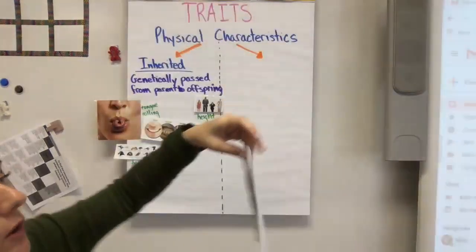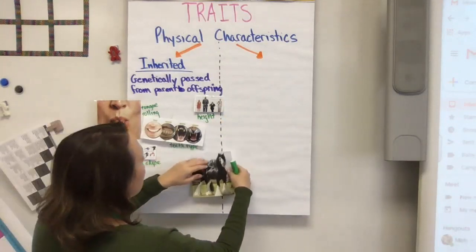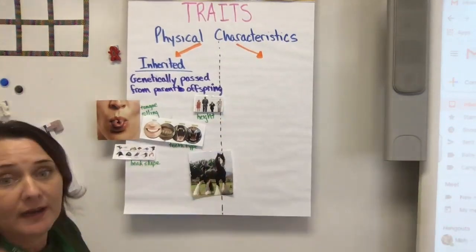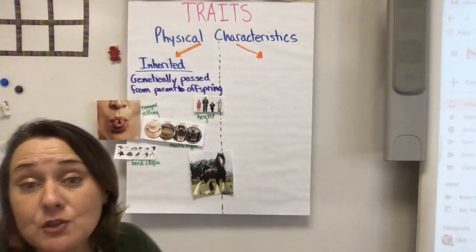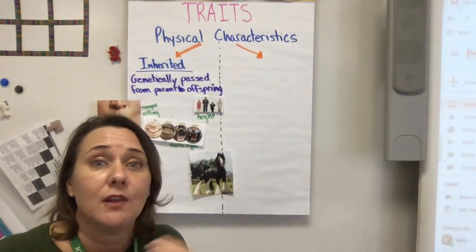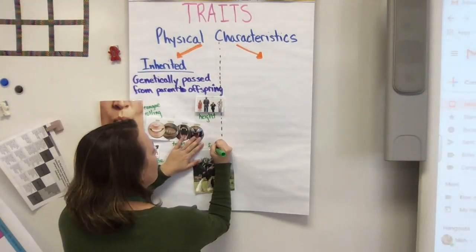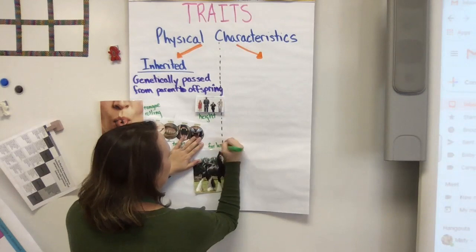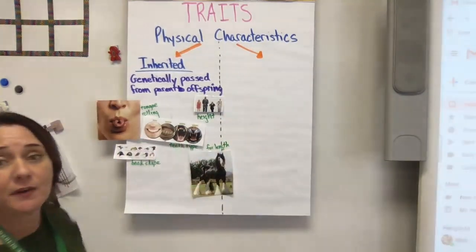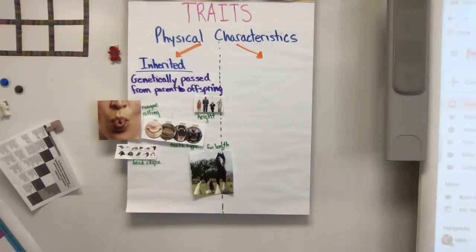There are long-haired and short-haired horses, long-haired and short-haired gerbils, long-haired and short-haired dogs. I have a Chihuahua. My Chihuahua has short hair. They have Chihuahuas that have long hair. Whatever the length of the fur, they get it from their parents. It is genetically passed to them.